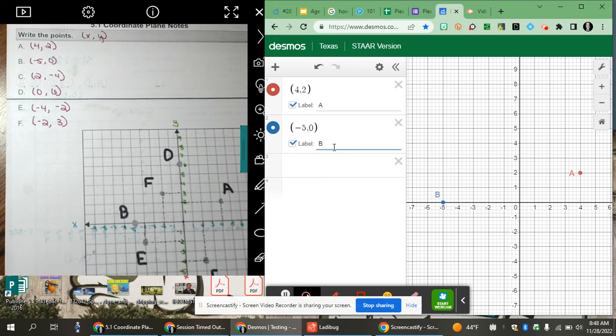And we're going to check one more so we can see that it kind of lines up with where we thought it was supposed to be. Okay, let's check C. 2, comma, -4. Okay, and we're going to label it C. Okay, and there we go.